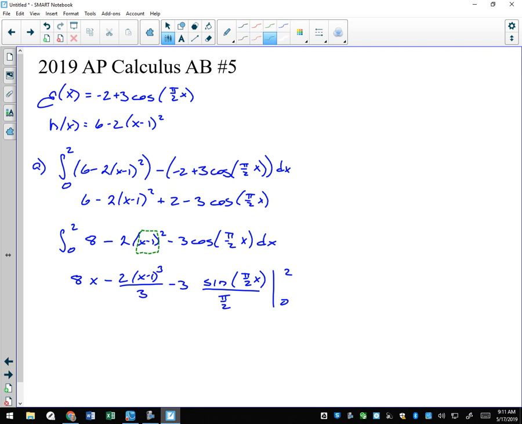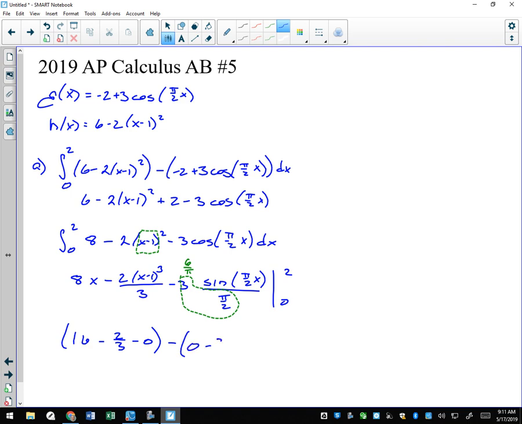I think I'm going to grab the 3 over pi over 2 and turn that into a 6 over pi. And we'll evaluate. So that's going to equal 8 times 2, which is 16, minus 2 times 1 cubed is 1, so 2/3, minus sine of pi is 0, so that's all going to go away, minus, plug in 0, 8 times 0 is 0.